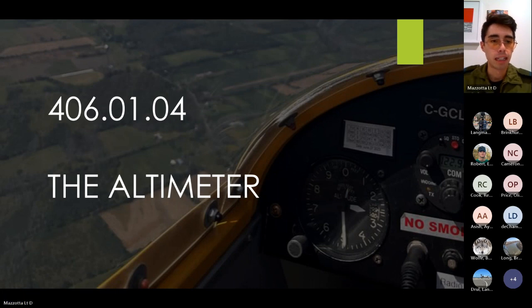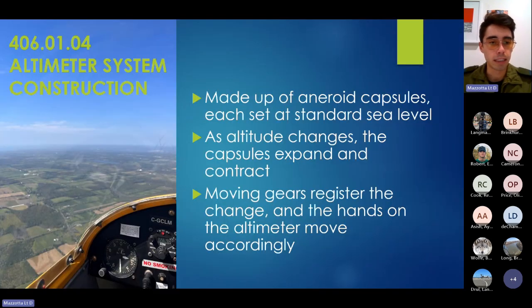Okay. Now we'll talk about the altimeter. Any questions so far? Hopefully things are making sense. So as you can see here in the bottom left, you see a picture of the altimeter in the 233. We're going to talk about the construction of it briefly here.